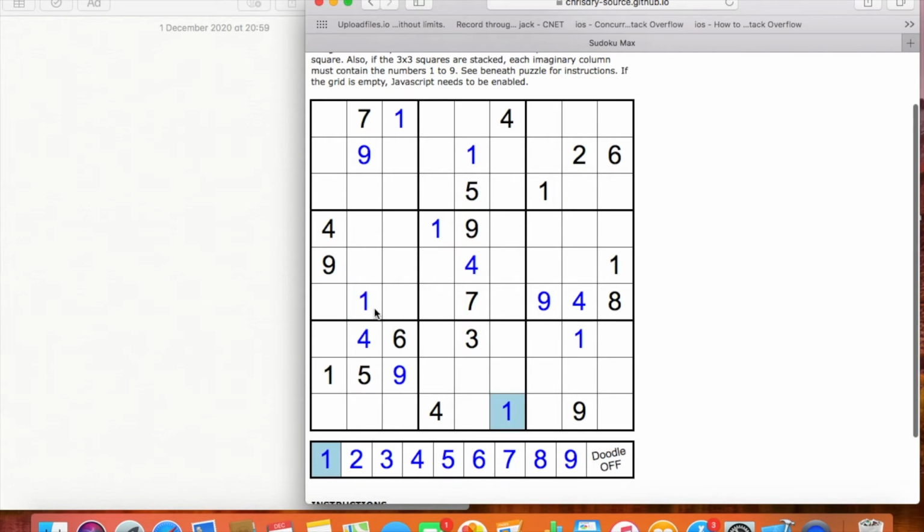That's what we should have with every single number from 1 to 9 when the puzzle's complete.